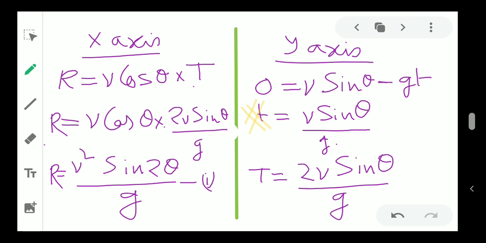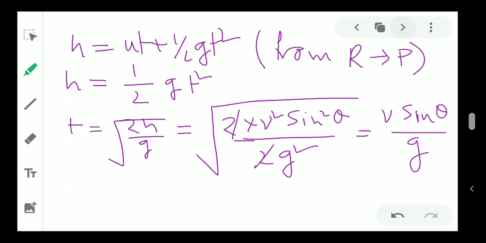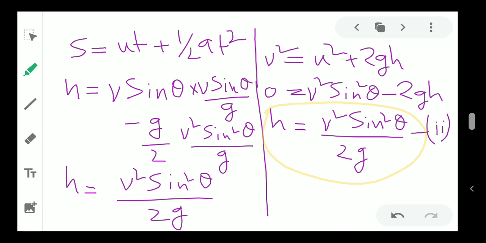So what are our findings? The first finding is our range. The second is the total time taken, and the individual times we have also found out. Then the next one is our height, which we can find by two methods, and you can use either one.